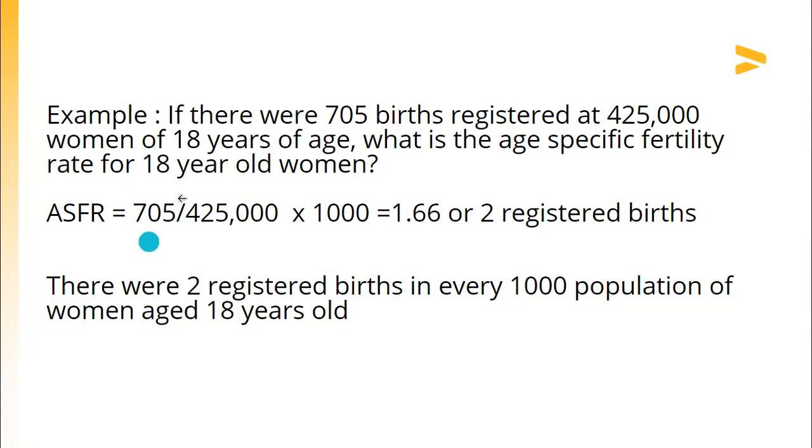So we have 705. And then we compare it with the total number of women at that particular age, which is 425,000. We multiply the quotient with your factor 1,000. We get now 1.66 or a whole number of 2 registered births. So how do we interpret? There were 2 registered births in every 1,000 population of women 18 years of age.